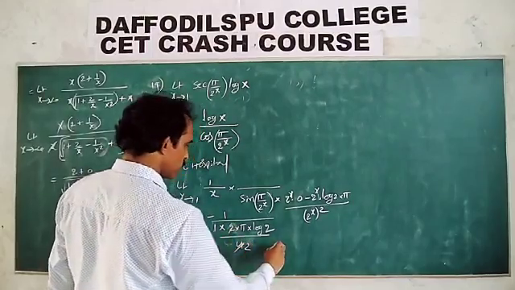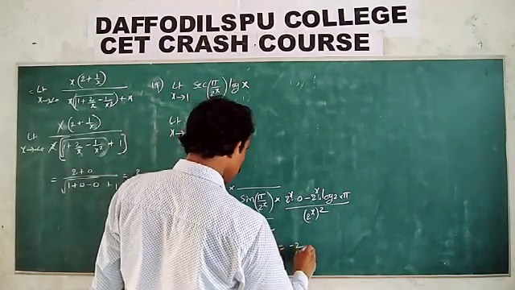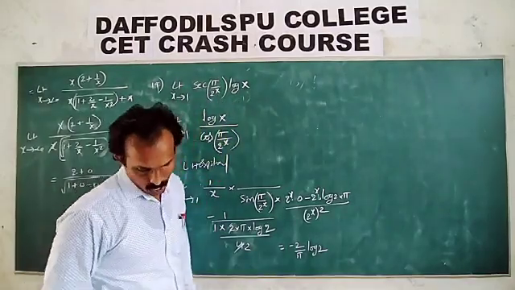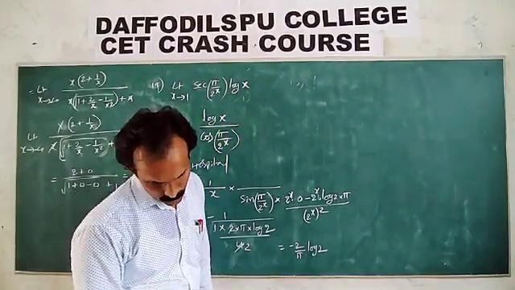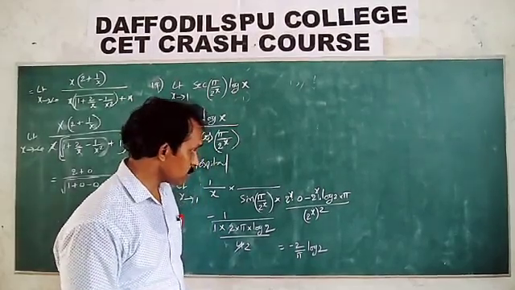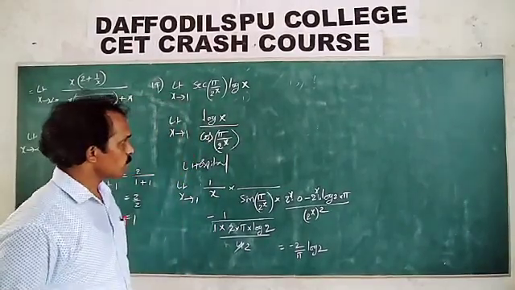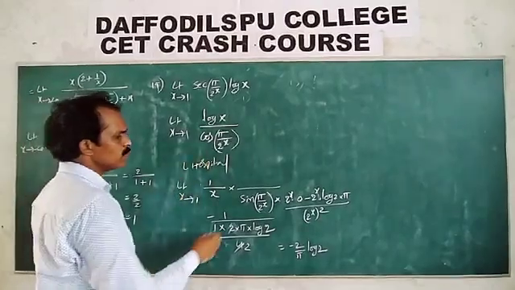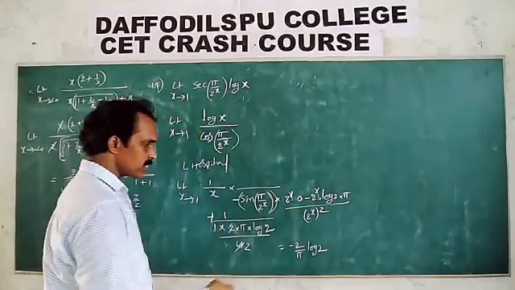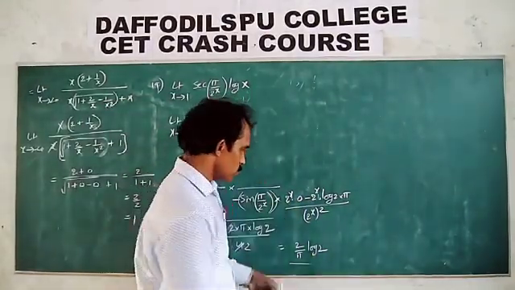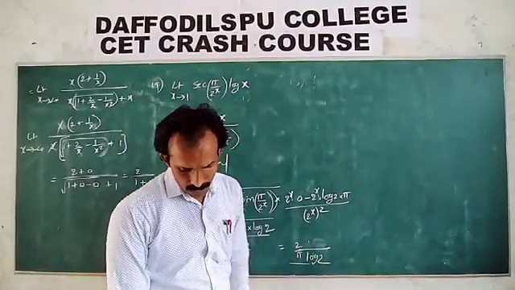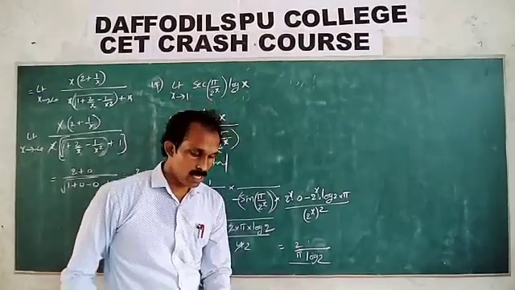The 2 cancels, so this can be written as minus 2 by pi log 2. Option 2 by pi is there, but minus not there. Cos derivative has a minus sign, minus into minus is plus. So the answer is 2 by pi log 2. Third option is the correct answer.